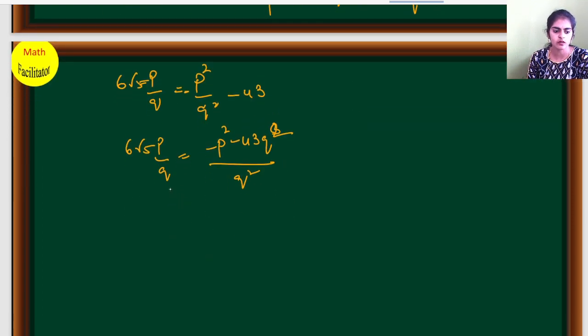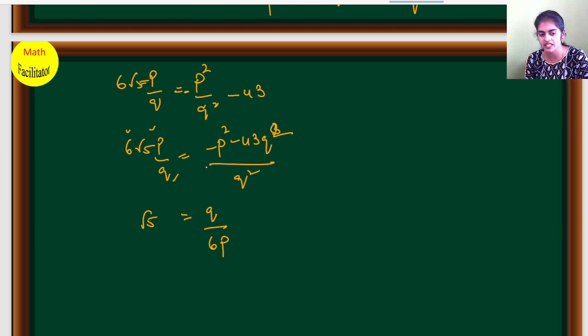Now what else you can do? See, you should only have the irrational number on one side. So send all the other numbers to the other side. So I have here root 5 equal to, with 6p and q all rational. So sending it to the other side, 6p is in multiplication, it will come to division. Q is in division, it will come to multiplication. Minus p square minus 43 q square whole divided by q square.